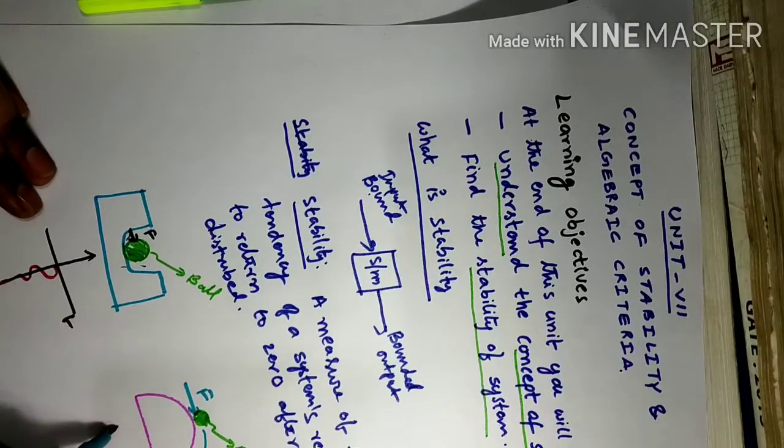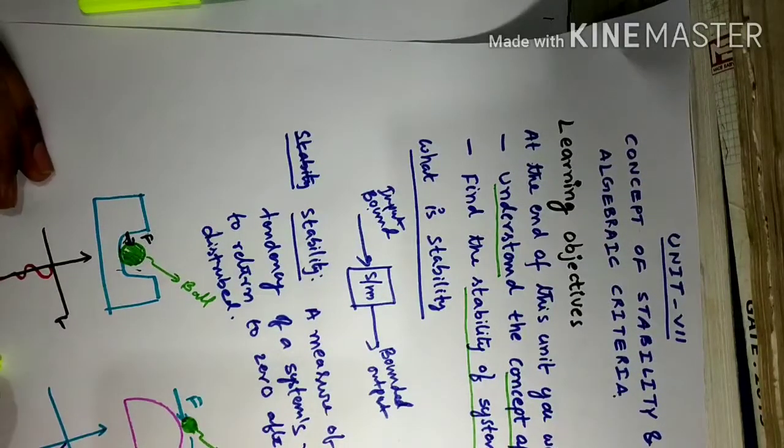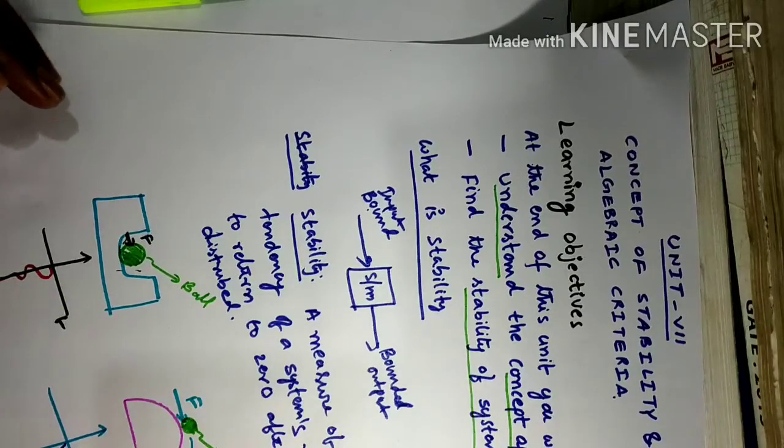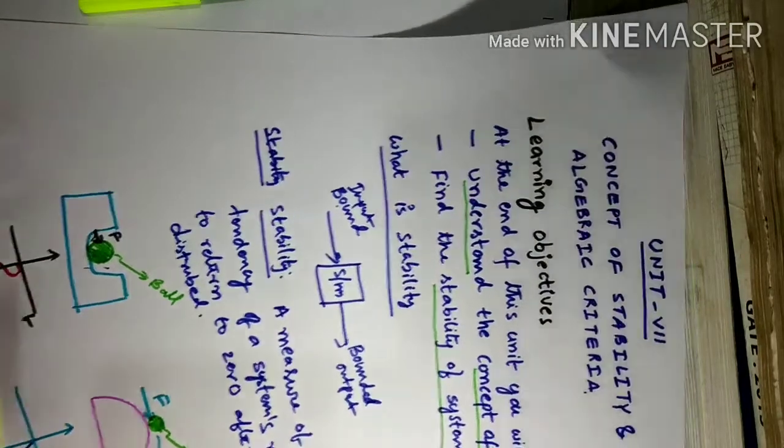If you see the graph here, this time will go to infinity. It never comes back to its original position. So this is one simple example for the stability of a system.